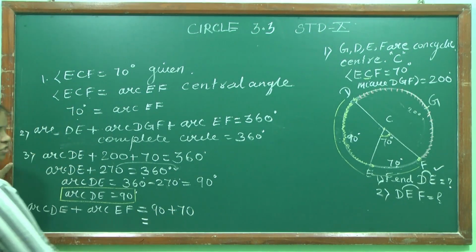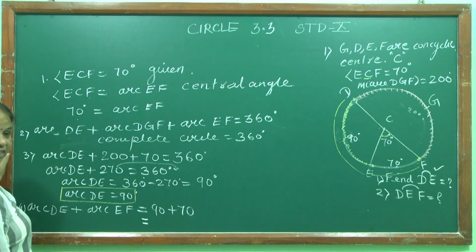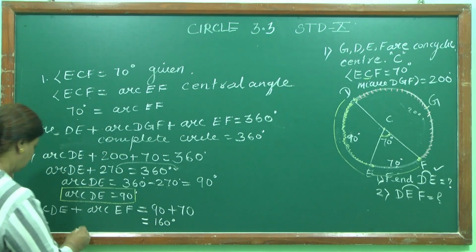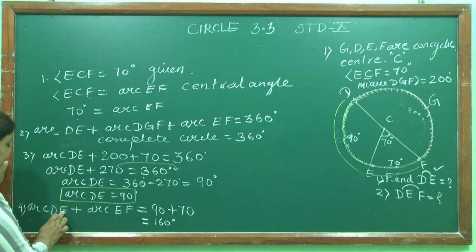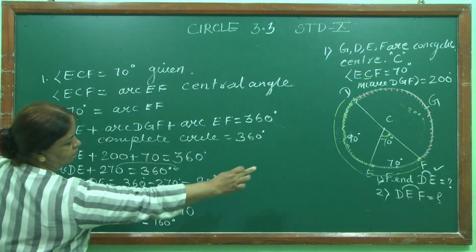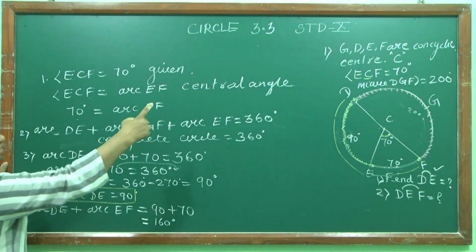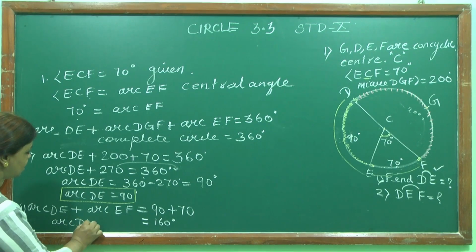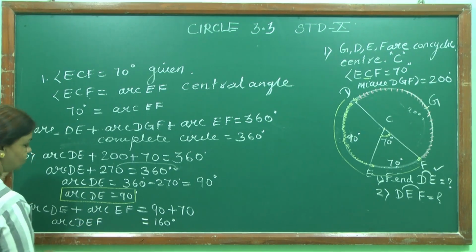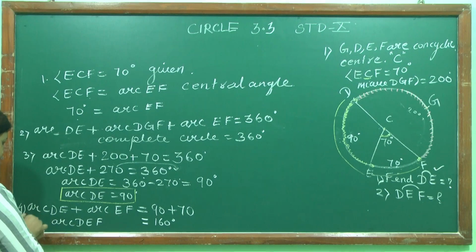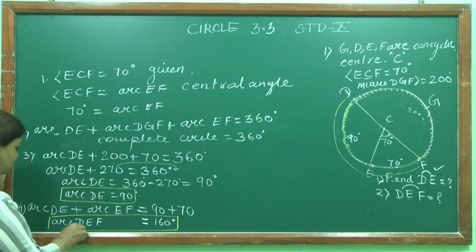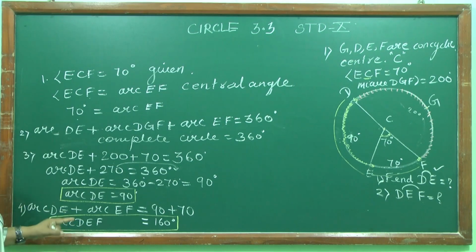It will be how much children? 160 degree. Arc DE plus EF is nothing but DEF. So arc DEF is equal to 160 degree. And we got the answer. You can pause the video children, understand it and write it down.